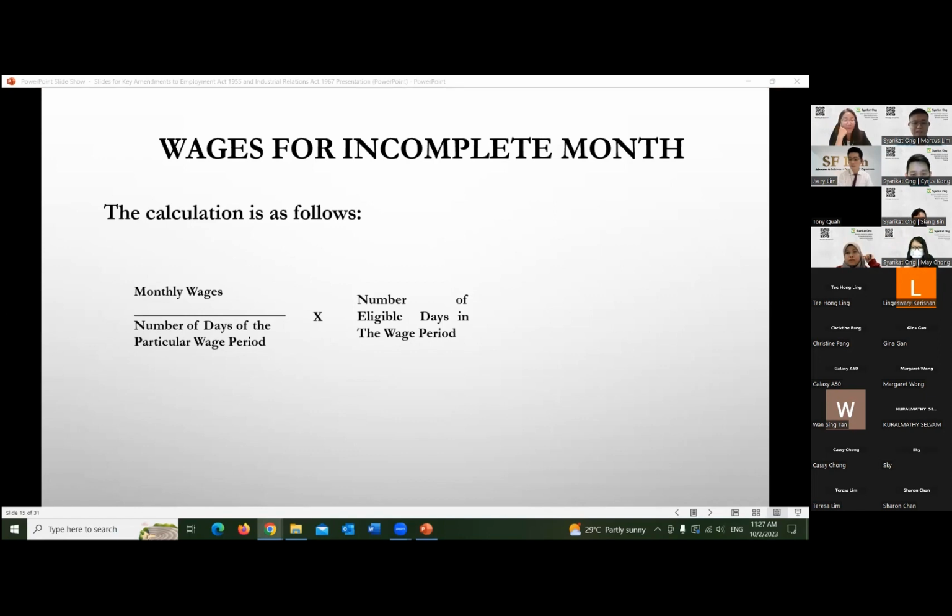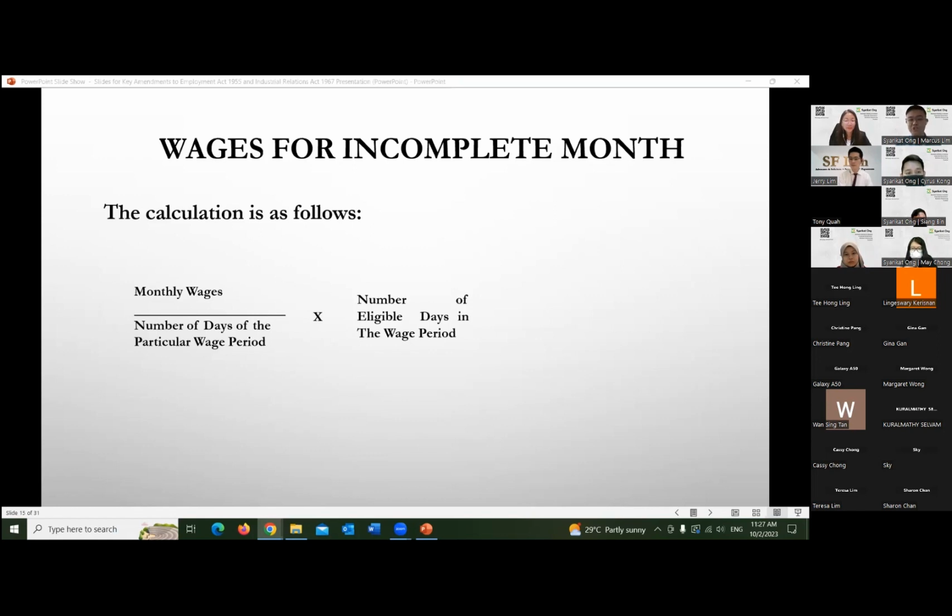Okay. We say the wages period first. For easy to remember, wages period can be calendar day. For example, generally got 31 days, then it will be 31 days. How many days of the month or how many days of your payroll cut off? After that, the eligible day means how many actual days he or she is employed in the company.